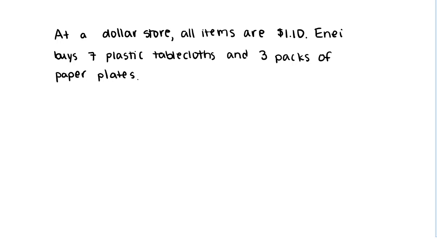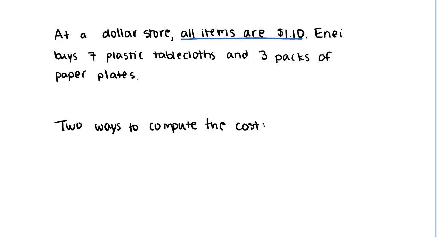So here, let me write that down. So there are two ways to compute the cost. And so, notice that all of the items are $1.10, and NA buys 7 plastic tablecloths and 3 packs of paper plates.